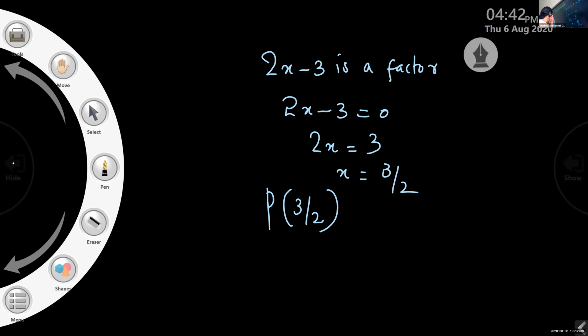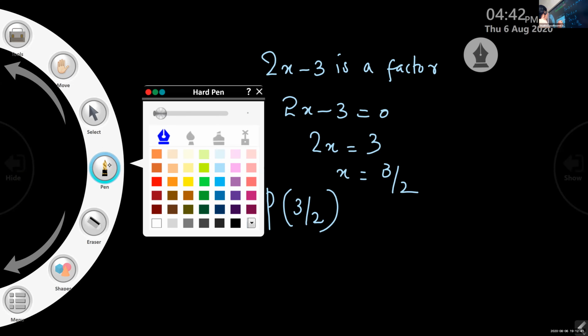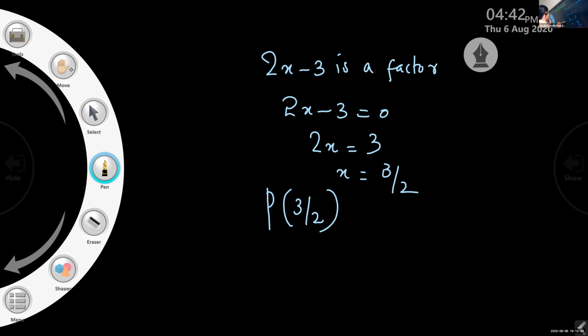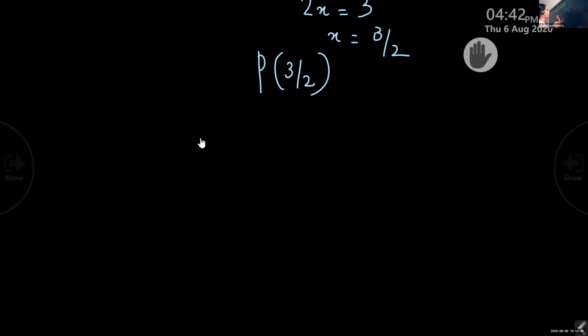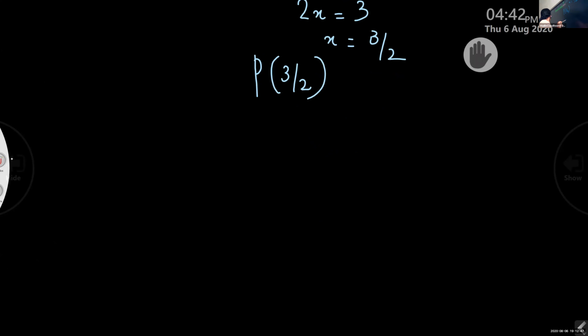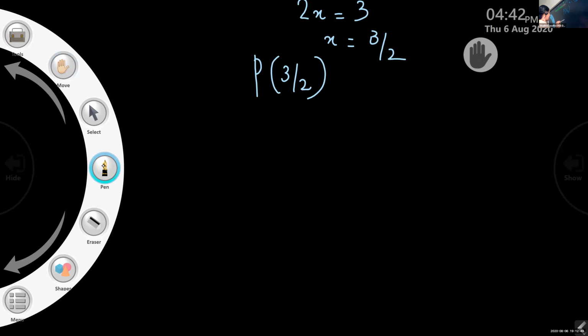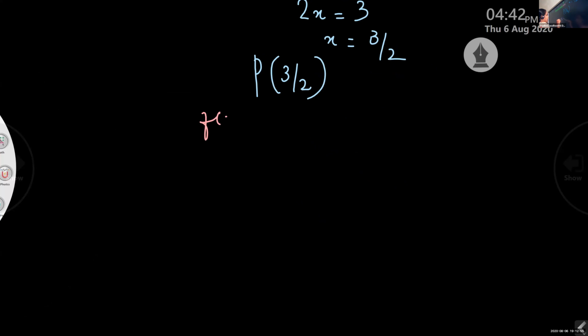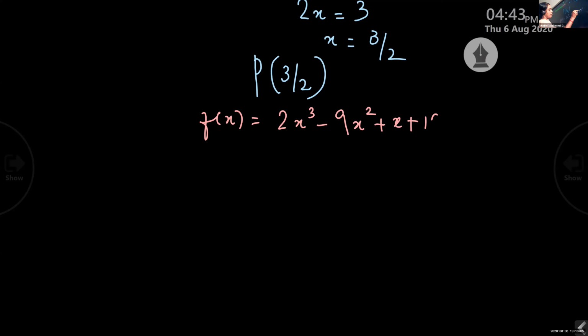Now write the polynomial again. You should check P of 3 by 2. Polynomial is f of x equal to 2x cube minus 9x square plus x plus 12.